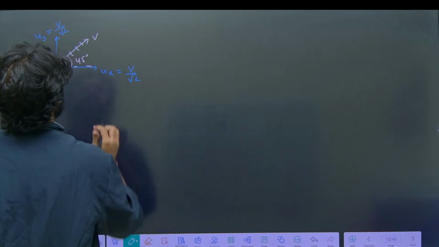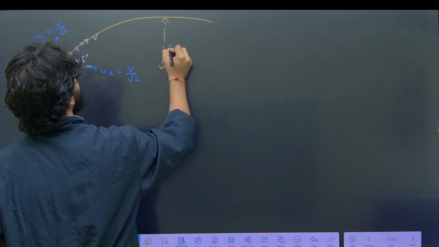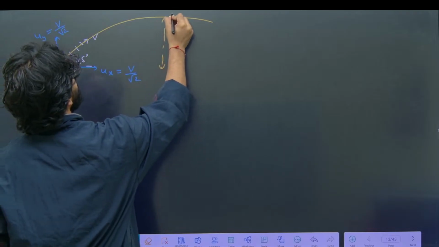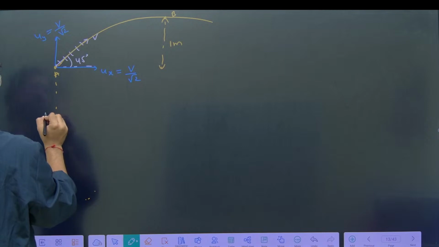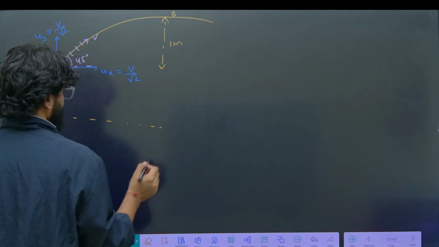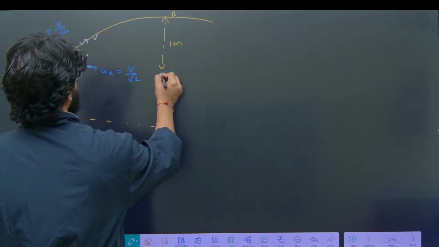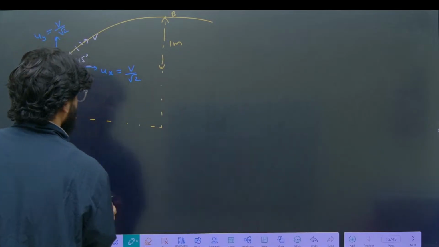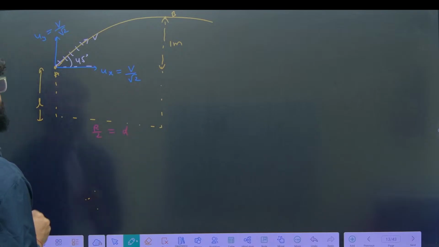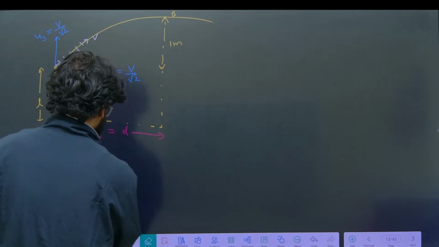Now they are saying the highest point from here is this 1 meter. This is point A, this is point B, and this length is L. During that time, what is the distance between A and B? It is D.